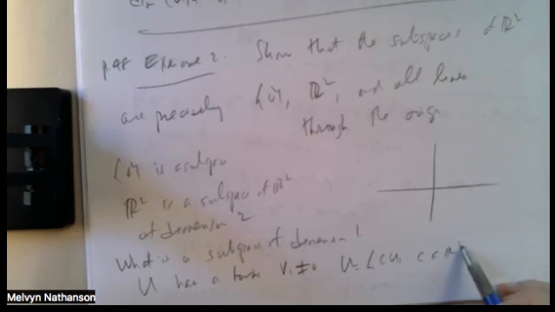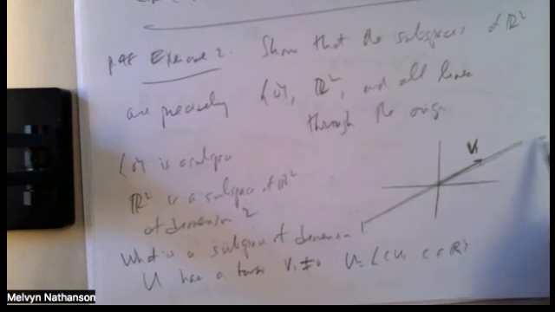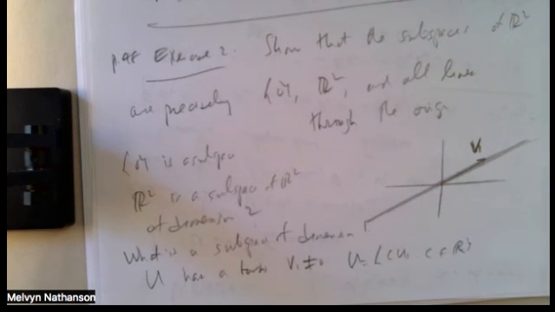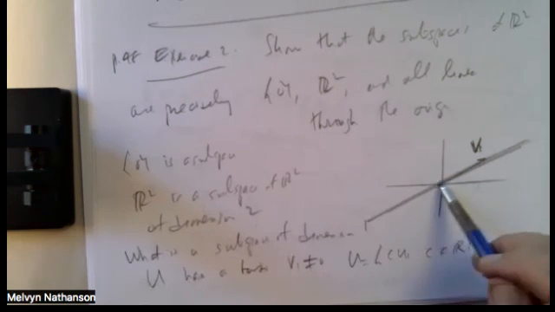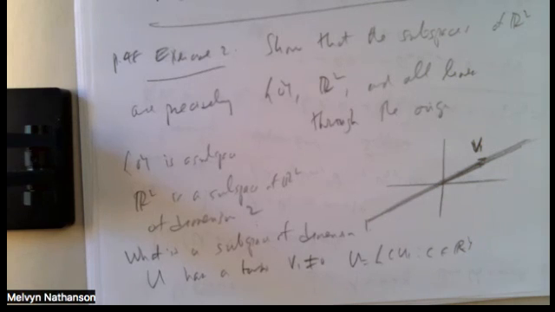And so U is the set of all scalar multiples of v1. So the scalar multiples of the non-zero vector v1 are just the line through the origin in the direction v1. And conversely, if you take any line through the origin, take any vector on that line different from 0, the line consists of all scalar multiples of that vector. That's what it is.